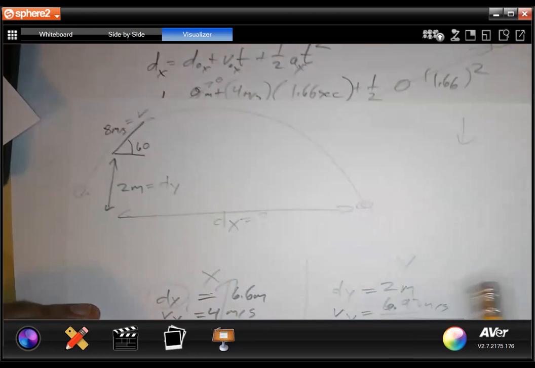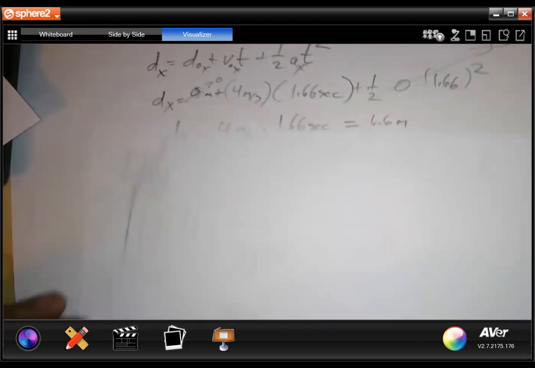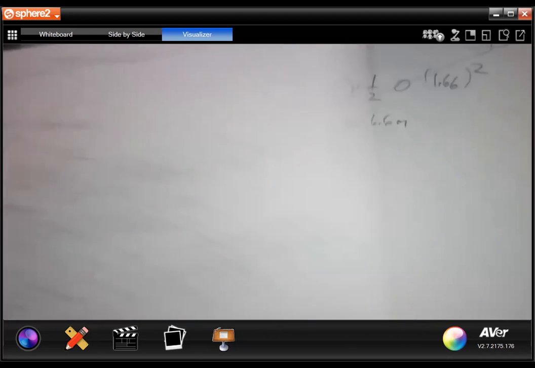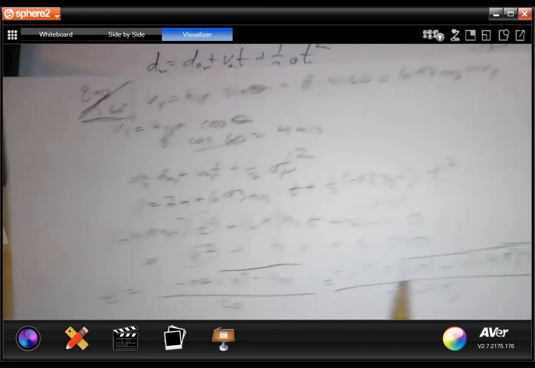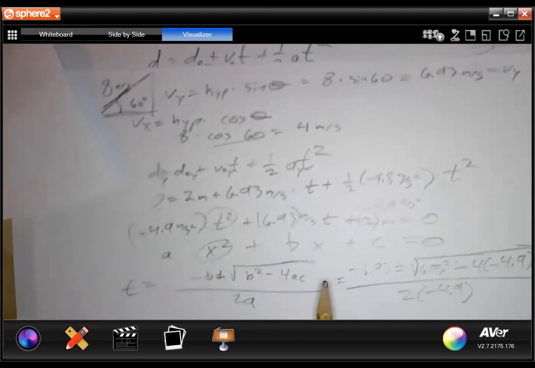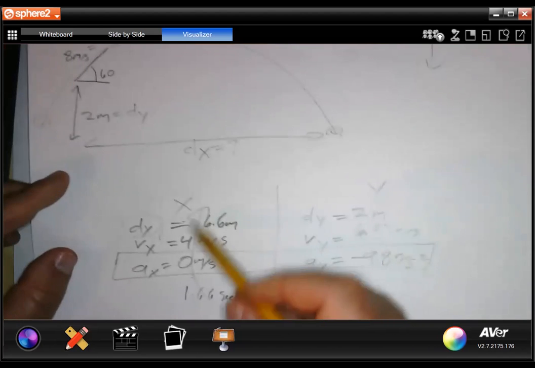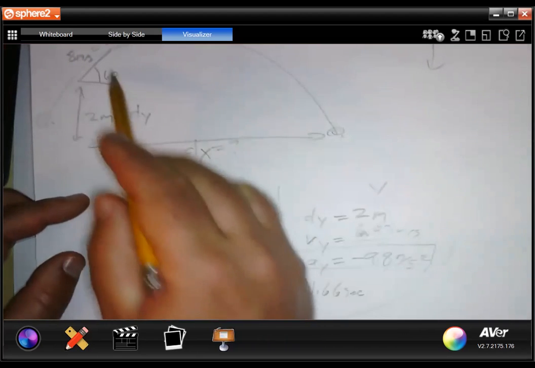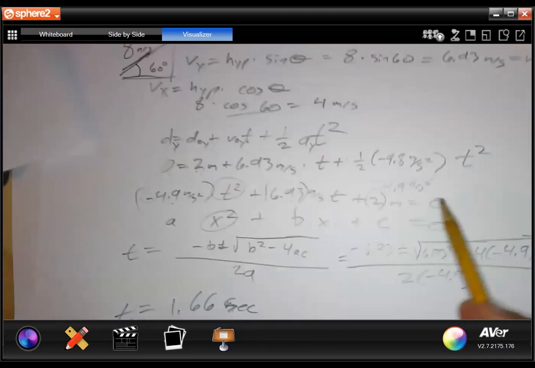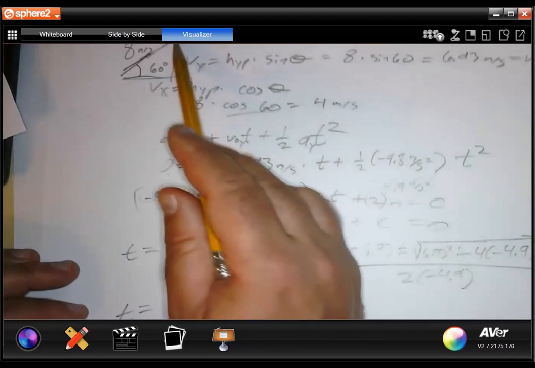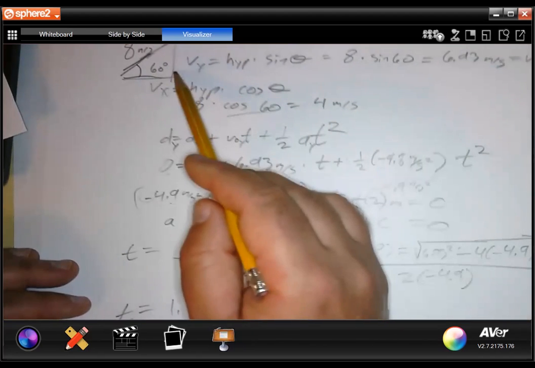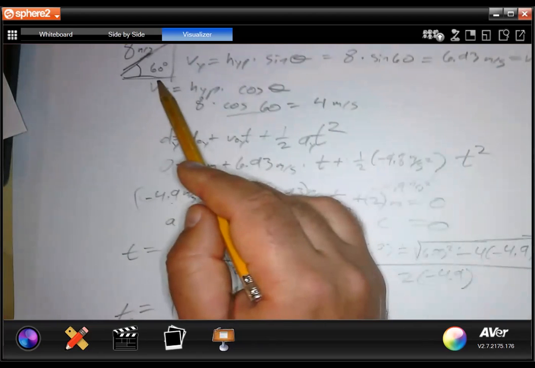All right, so that is the process. Key facts you need to know: let's go from the very beginning. We're going to list what we know, keeping our x's and y's separate. We see a little triangle appear here, so we're going to focus on that triangle and use sine and cosine to get the two magnitudes of these numbers.